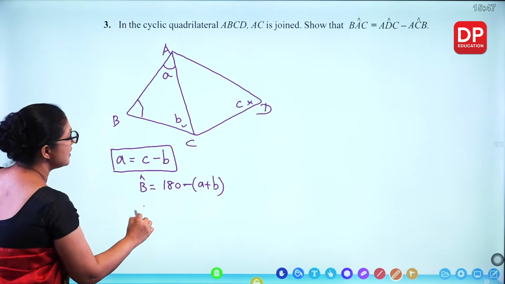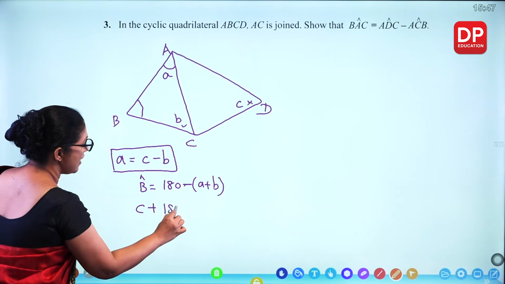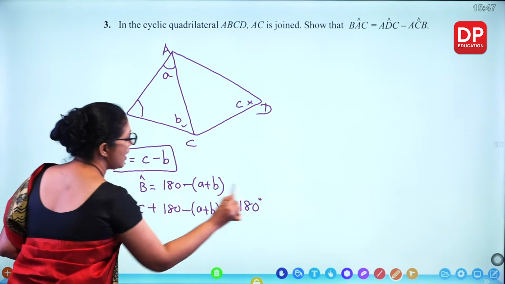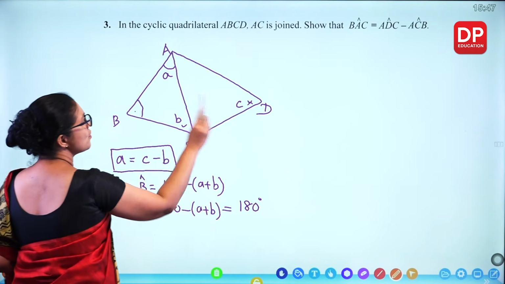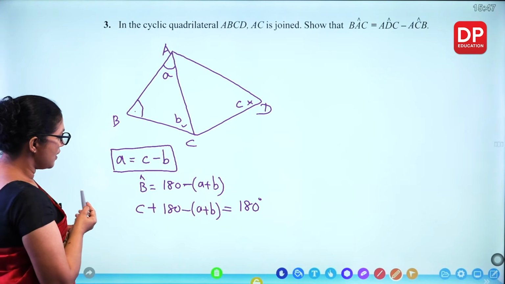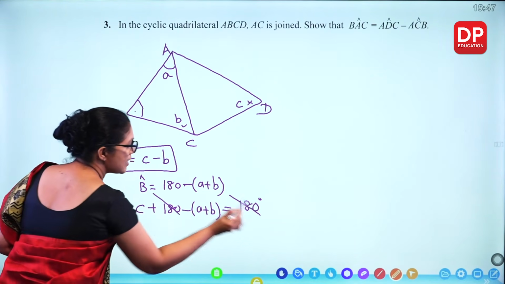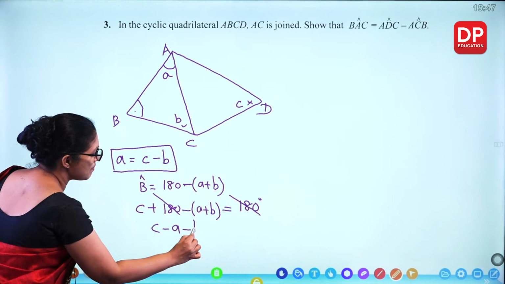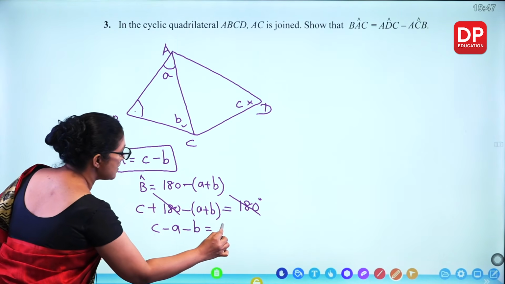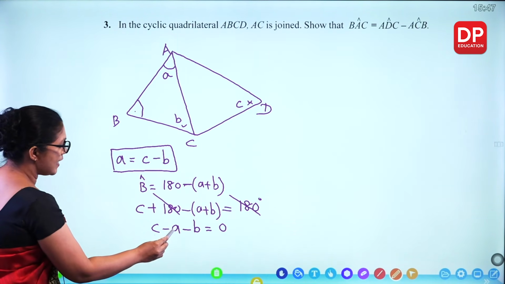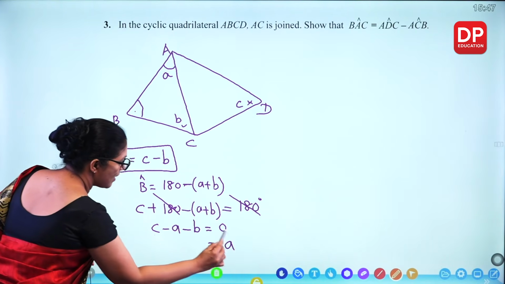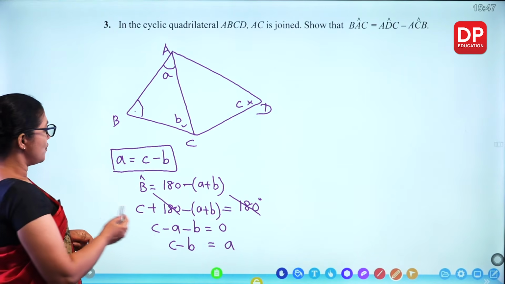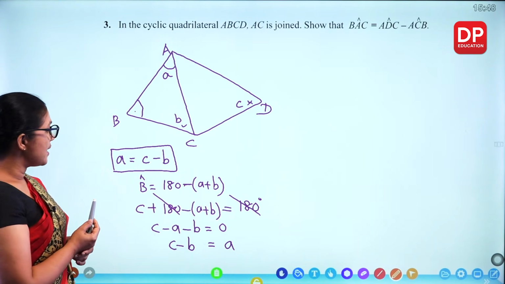So C plus 180 minus A plus B equals 180. The 180s get cancelled out. We get C minus A minus B equals 0. I'll take A to the other side. So we can see A equals C minus B.